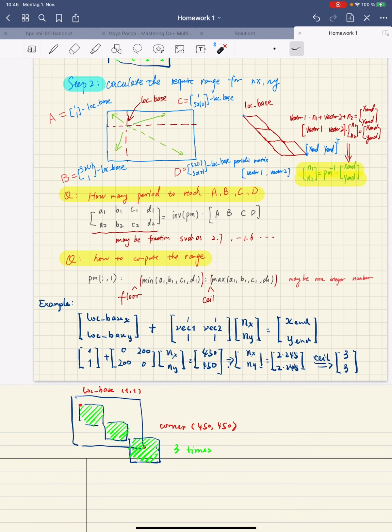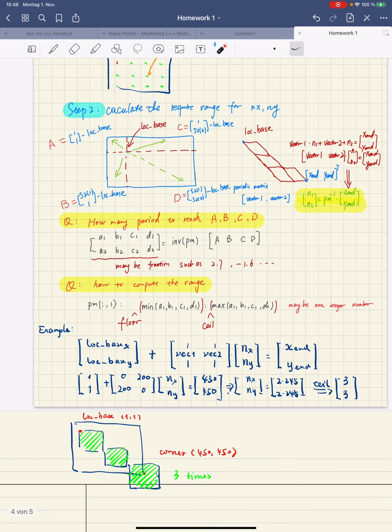But sometimes we need to round it to the lower one. For example, if the result of this calculation is minus 2.7, we need to use another function, I think in MATLAB it's floor, so it turns to -3. Yeah, so that's basically the key idea of this part.